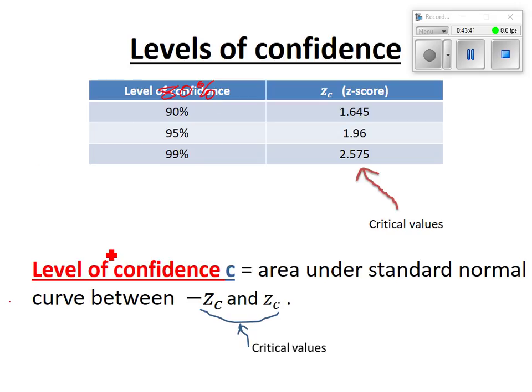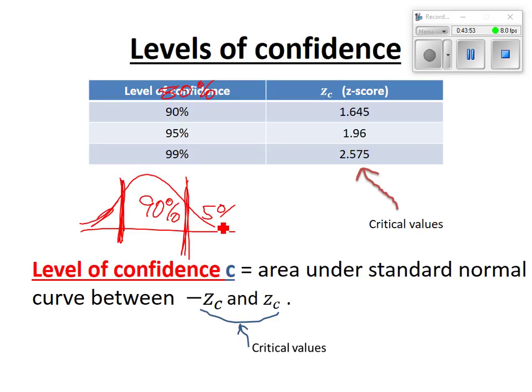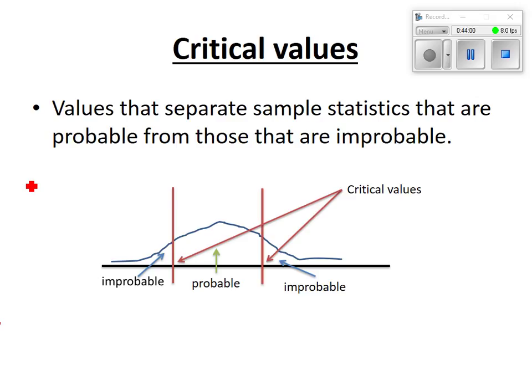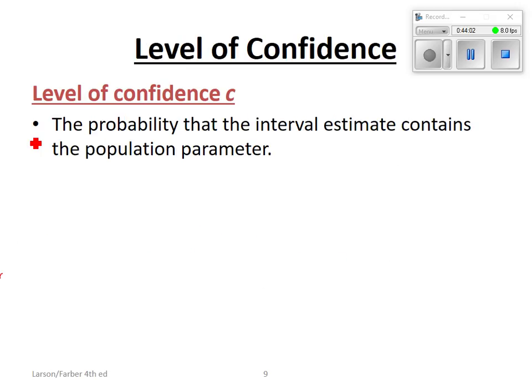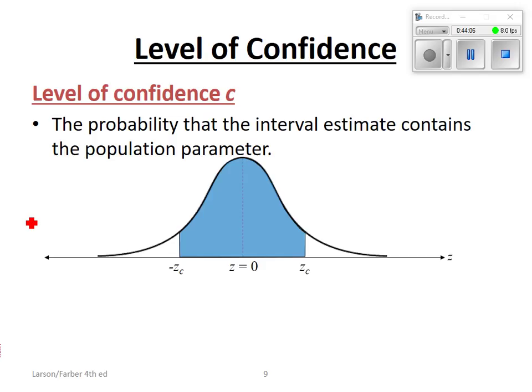Remember your critical values, what you're looking at. If it's 90%, then we want 90% of it to be in here. So our critical values are showing 5% on this side, 5% on that side. Level of confidence C, we just talked about that.